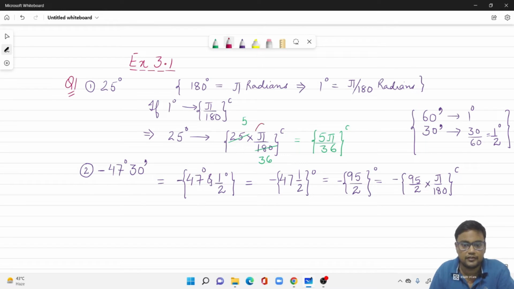So you can see clearly, right? Because 1 degree is pi by 180. So these many degrees will be cross multiplication, unitary method.